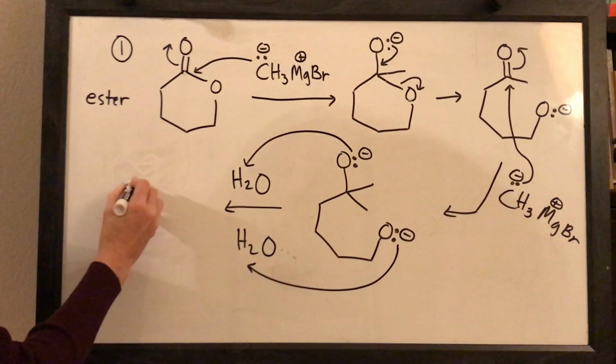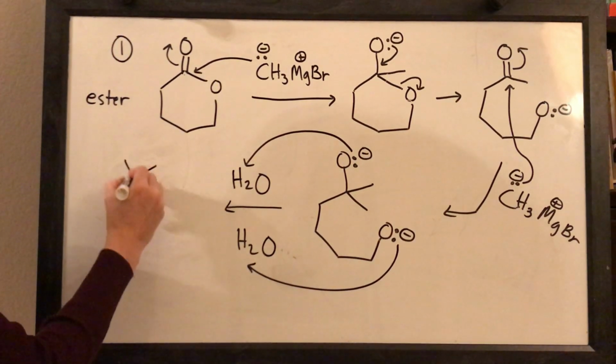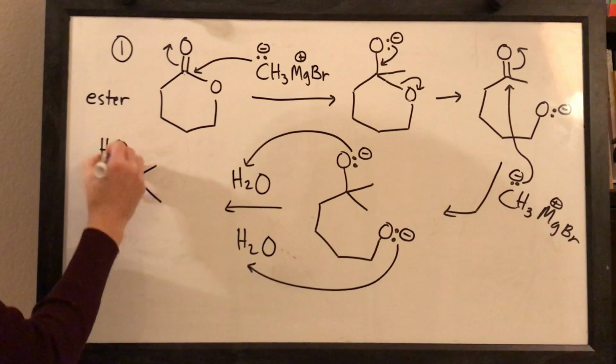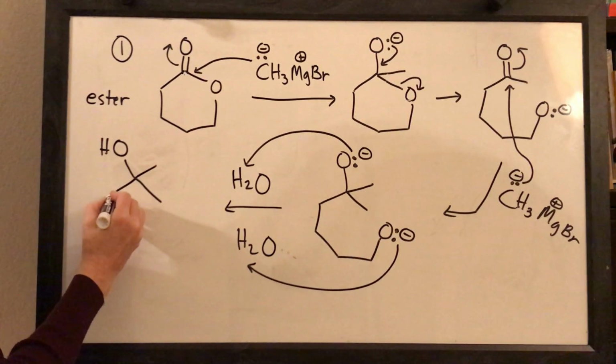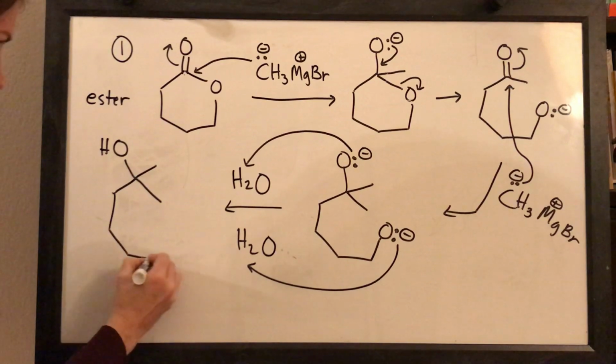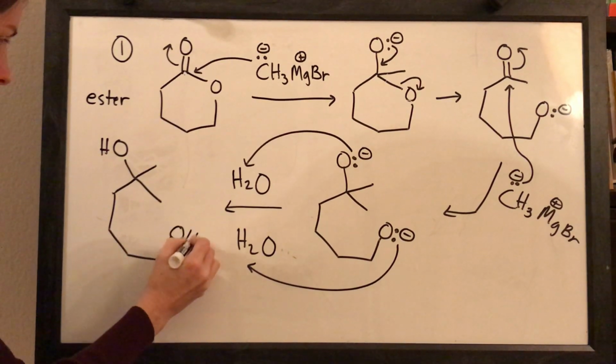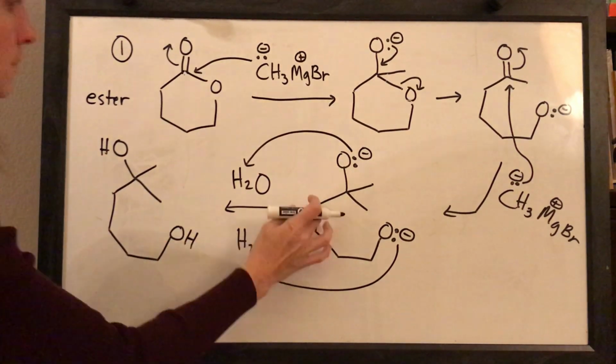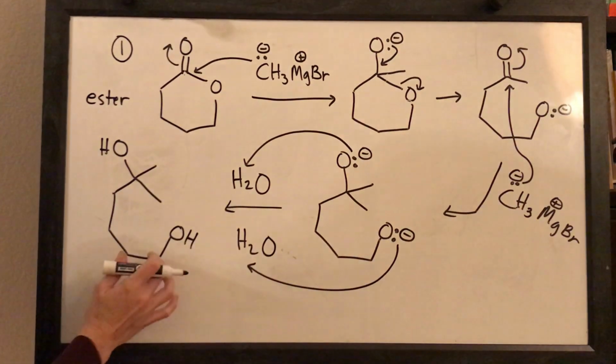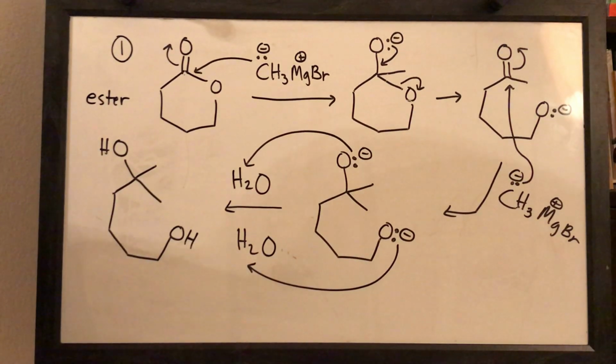And so the final product at the end of this whole thing looks like this. We have a diol, two oxygens, two OH groups. Okay, so that's our mechanism and our final product.